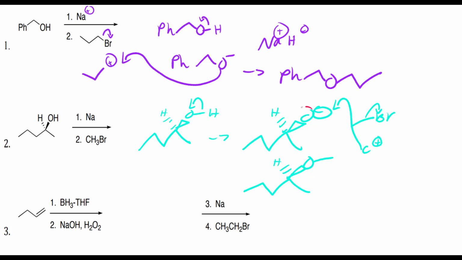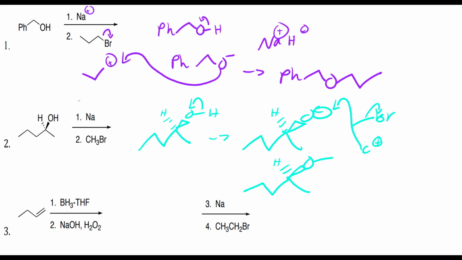I did it directly on the oxygen, not on the chiral carbon. Just because I put an addition on the oxygen doesn't mean I can do inversion. That only happens if I added it directly onto the carbon. If I added my carbon into this carbon, then yeah, that would be an inversion. But I added it directly onto the oxygen.